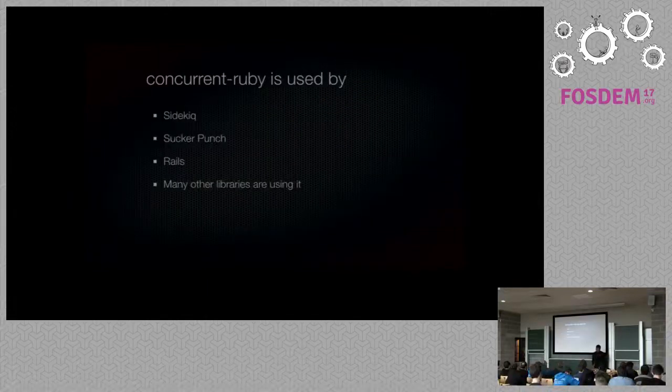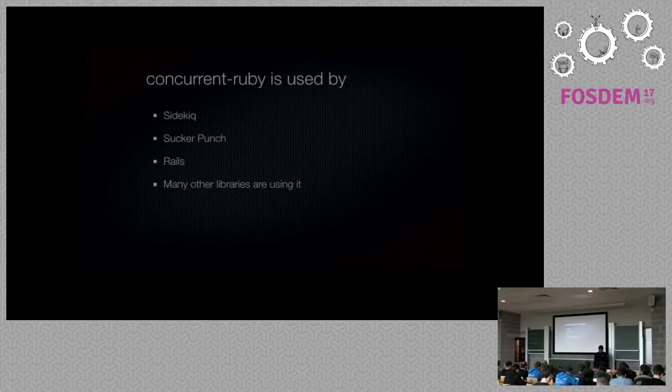Concurrent Ruby is used by Sidekiq, Sucker Punch, and Rails. There are many libraries which are dependent on concurrent Ruby. Just now I discussed with Peter, and he says something like 80% of Ruby gems are transitive dependencies of concurrent Ruby. Somewhere they depend on some gem, and that depends on concurrent Ruby.